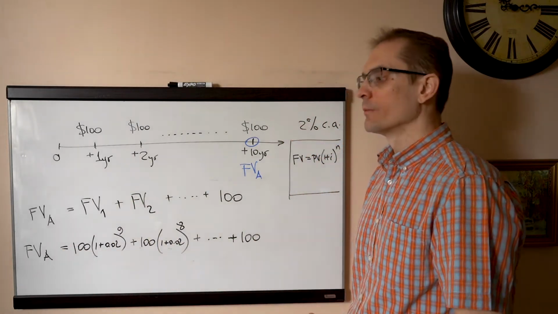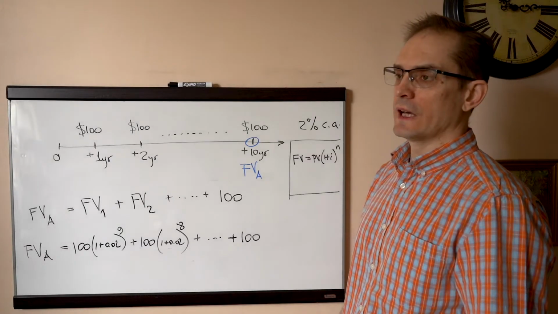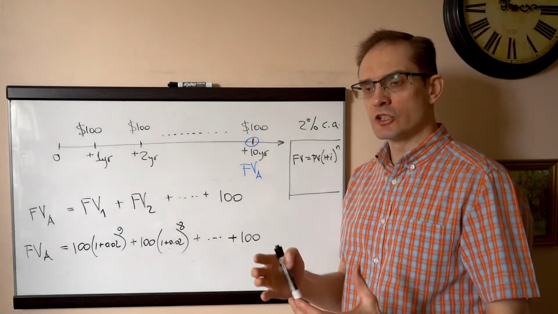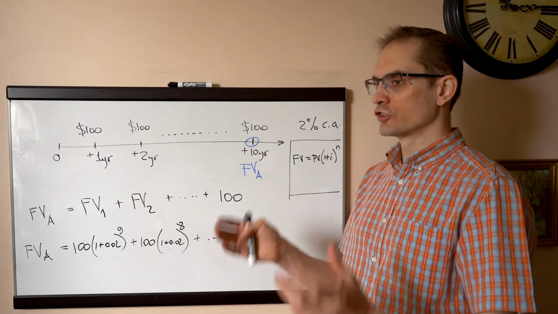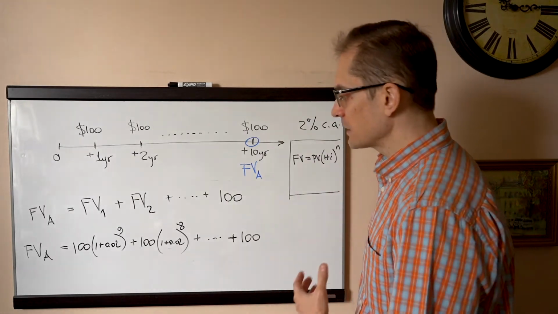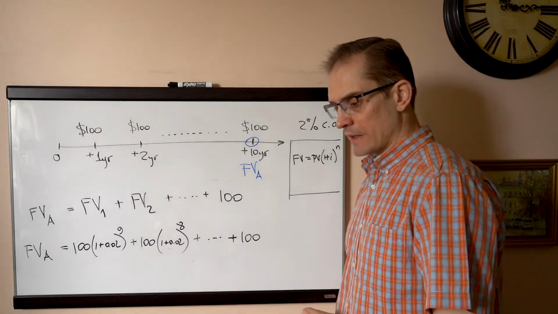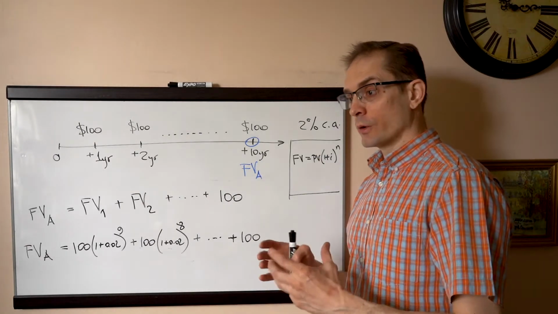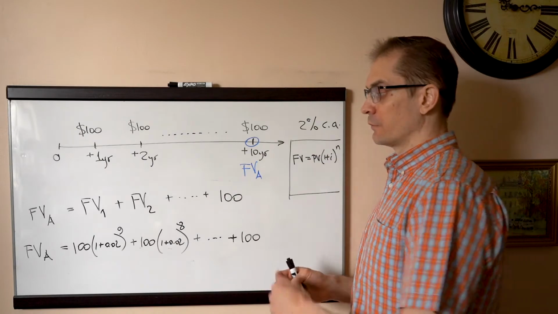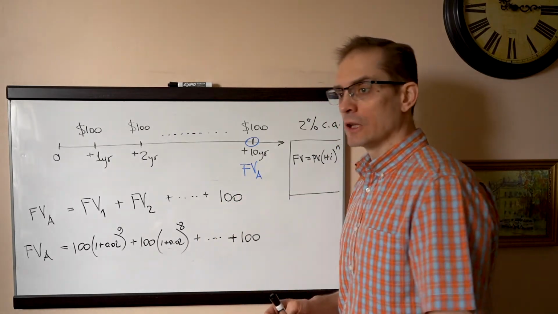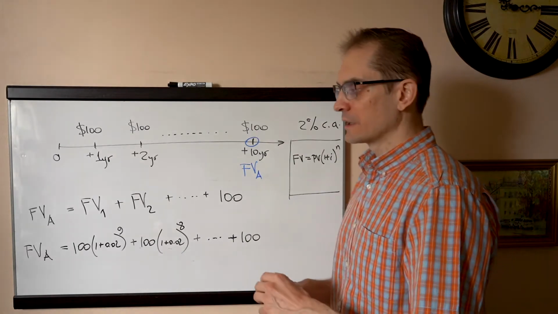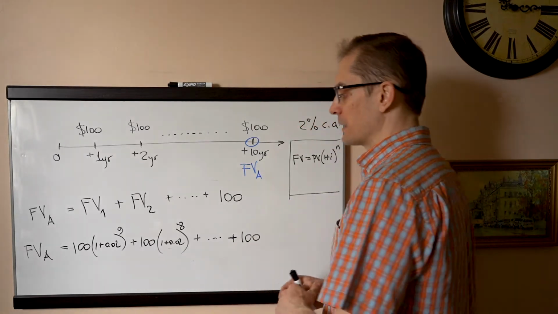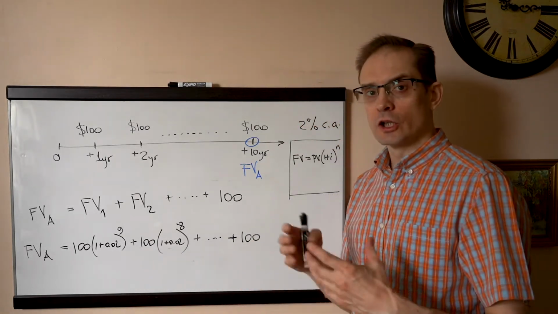So that we could do, but still that's not that straightforward to deal with so many payments. Luckily for us, in mathematics, there is a formula that has been developed for these kinds of future values of annuities. This formula basically allows you to calculate that future value in one shot.